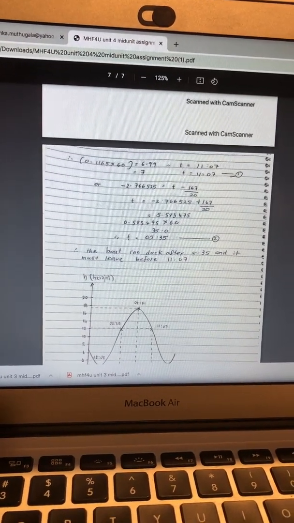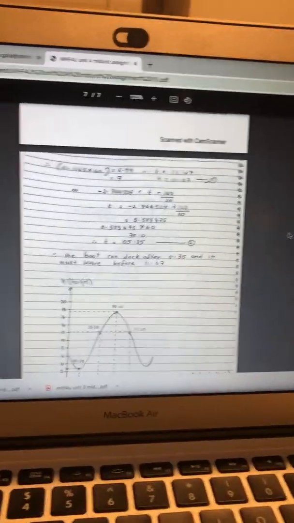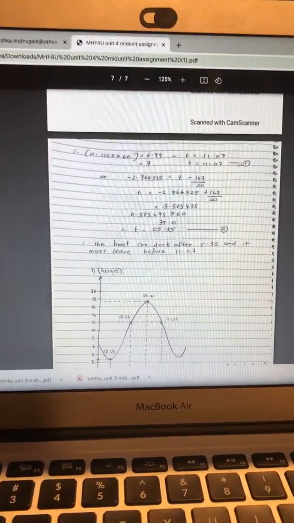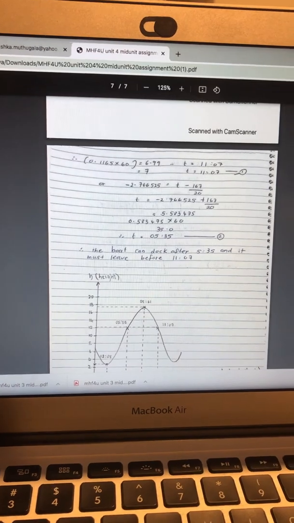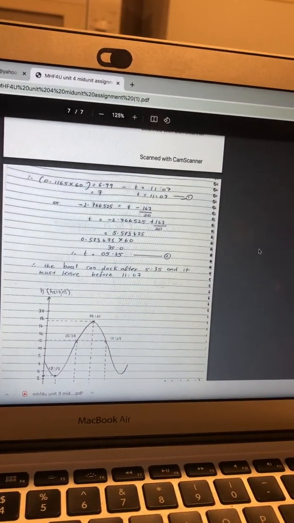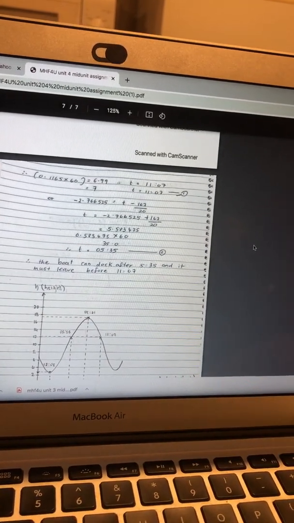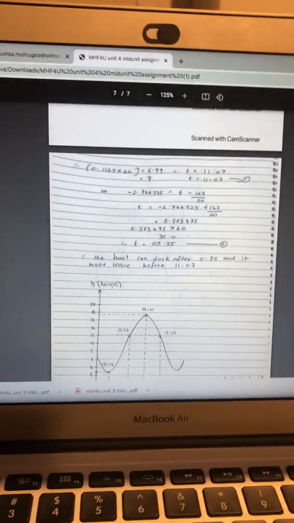So 11:07, that's going to be the first part, and we substitute that with the other. Or we can take it as 0.2766525. So there we can take that T minus 167 by 20.